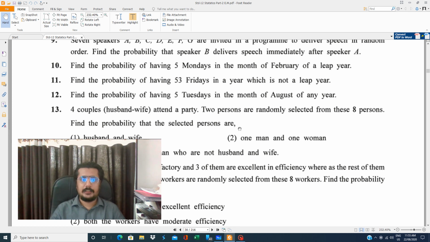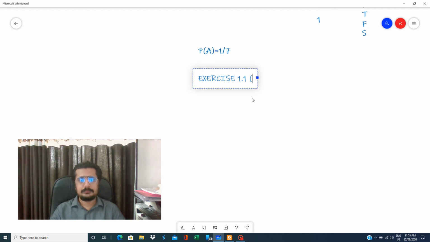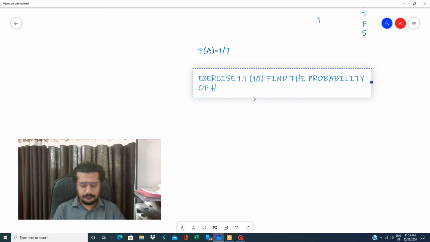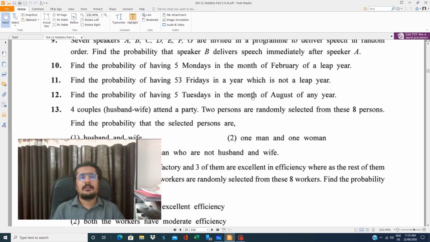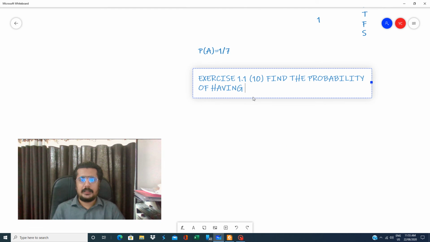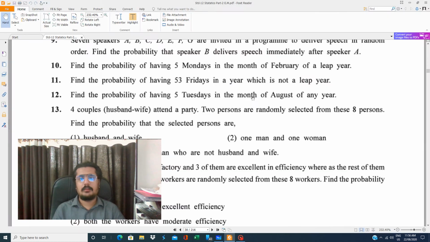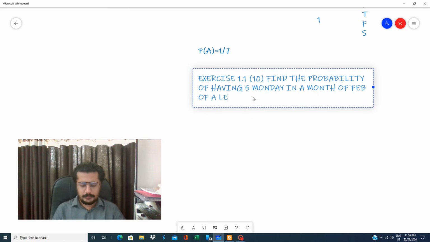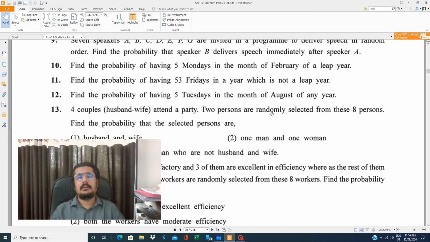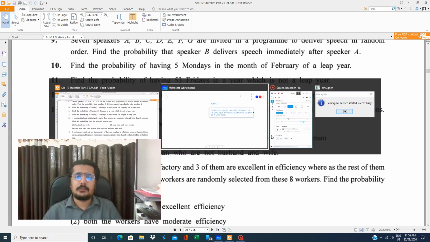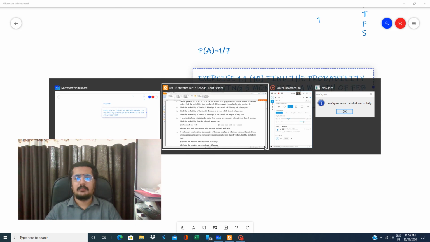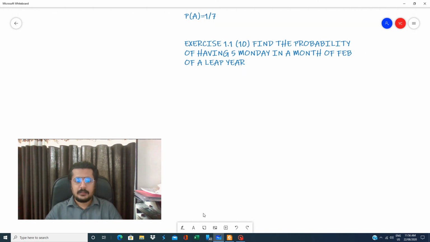Find the probability of having 5 Mondays in the month of Feb of a leap year. Now they have not asked you about the whole year. They have asked you about the month of Feb of a leap year.